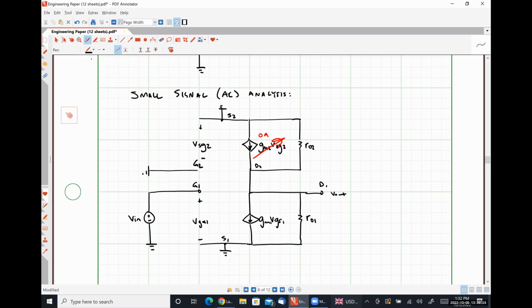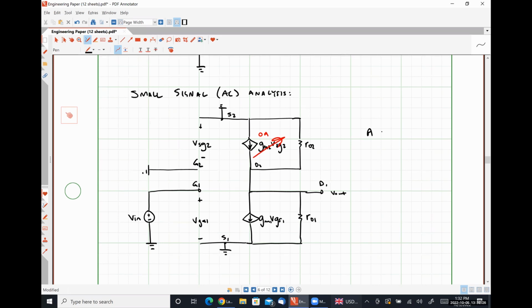And so we get a voltage gain that is simply negative GM1 times R01 in parallel with R02. Arguably simpler to deal with than our previous equation.